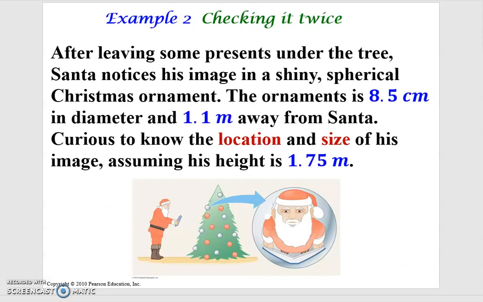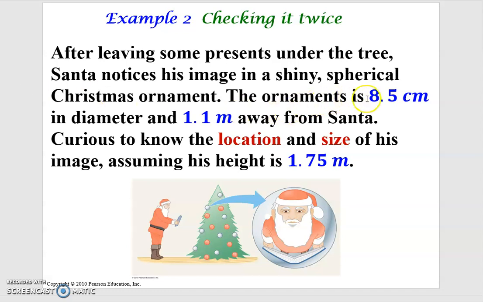Now let me give you an example. Santa Claus comes to your house and gives you a present. Because you have an ornament on the tree, Santa Claus can see his own image. You can treat the ornament as a convex mirror.